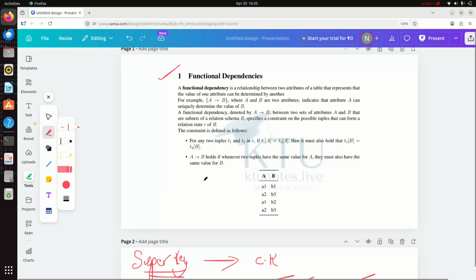Can a alone be a super key? No. Can b alone be a super key here? No. Now if I take a and b, a1 b1, a2 b3, a1, then ab can be a super key because it can uniquely identify this relation. B alone, b1, b3, no, there are two b3, so it cannot.